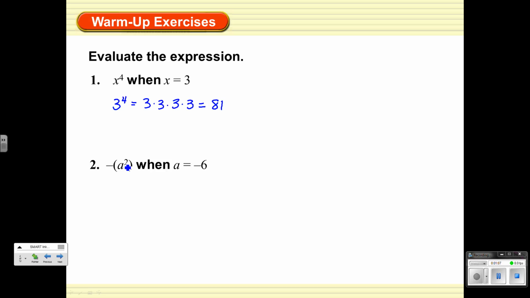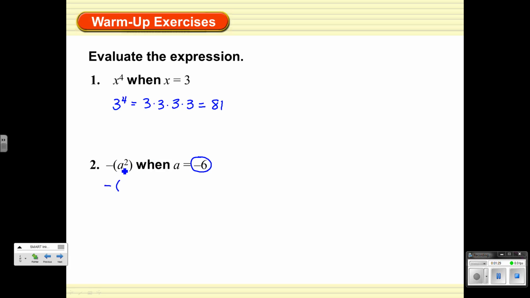Okay, and then let's practice this one. The opposite of a squared when a equals negative 6. So this is a little bit more confusing, but keep in mind that a, the entire variable, is represented by negative 6. So the negative out here stays out front.